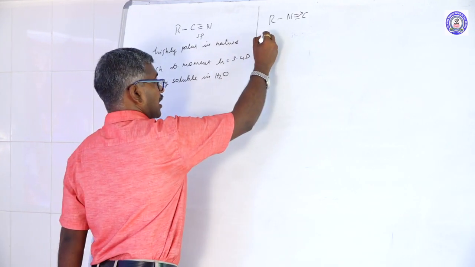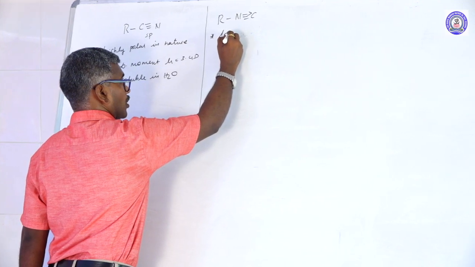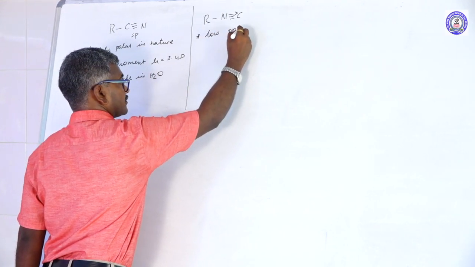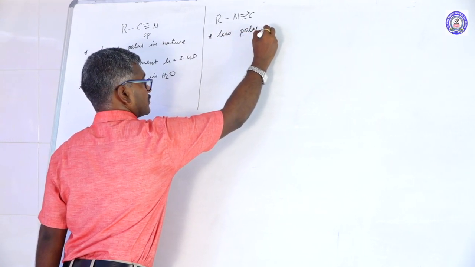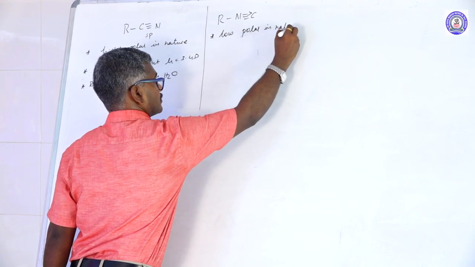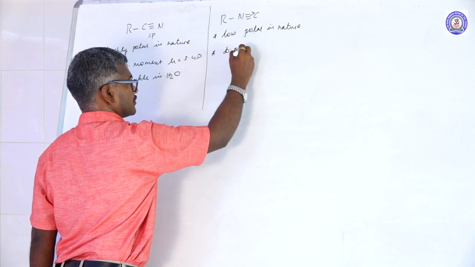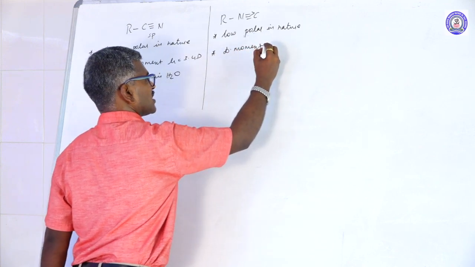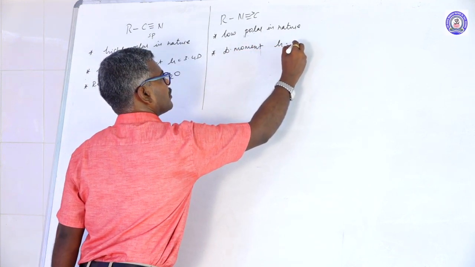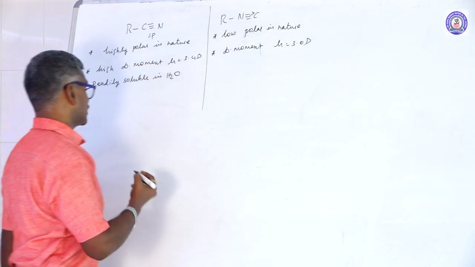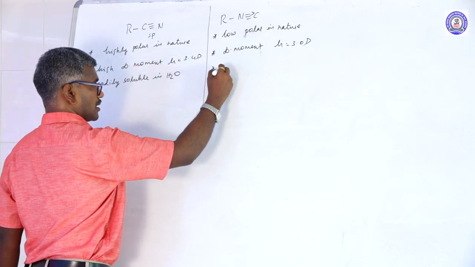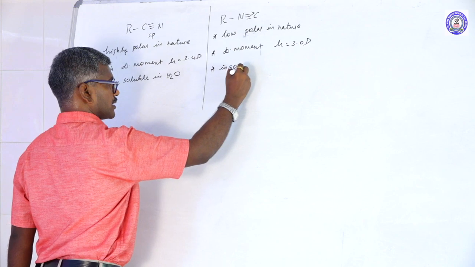This one has a relatively low polar nature. The dipole moment is 3.02. This one is insoluble in water.